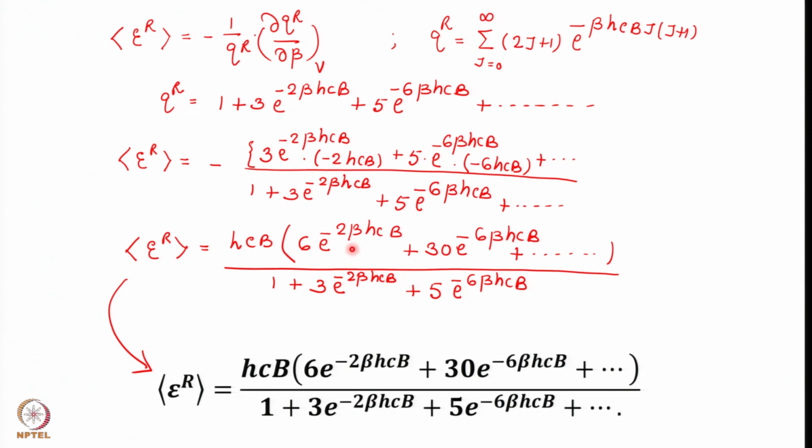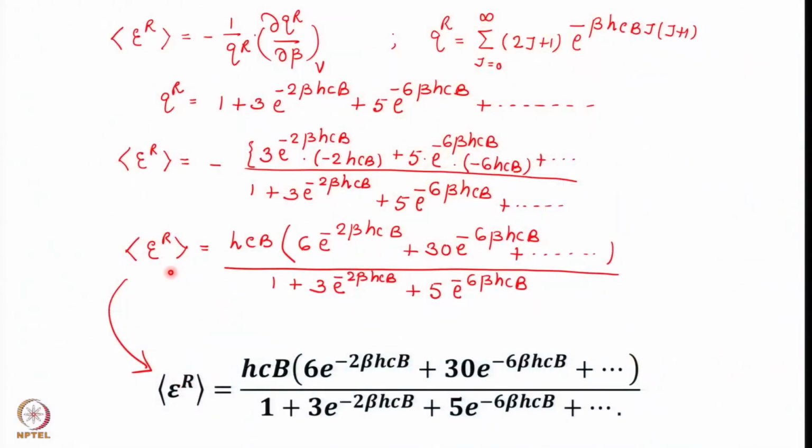So, therefore, it will be interesting to see how this mean rotational energy varies when the temperature is increased. In that case you have to plot a figure in which ER is on the y axis and temperature is on the horizontal axis.